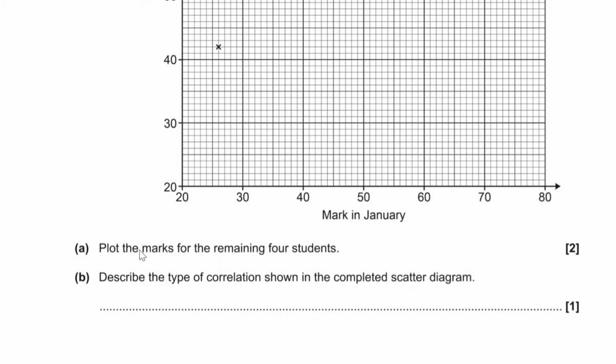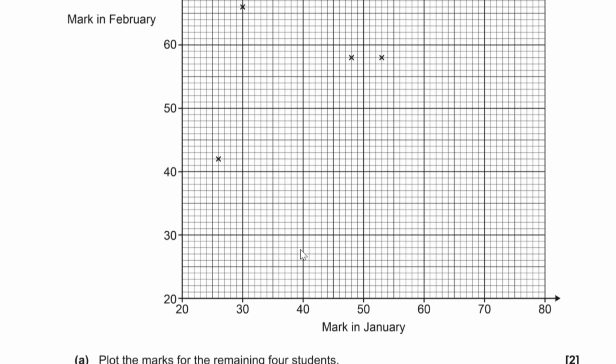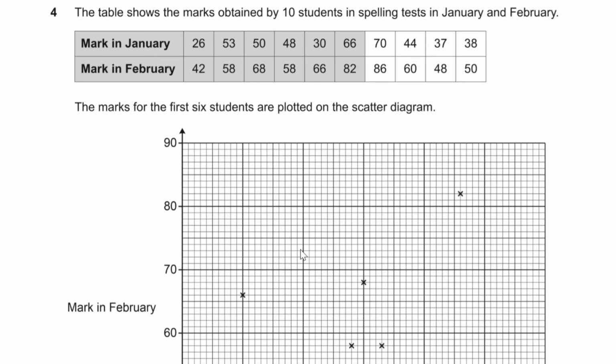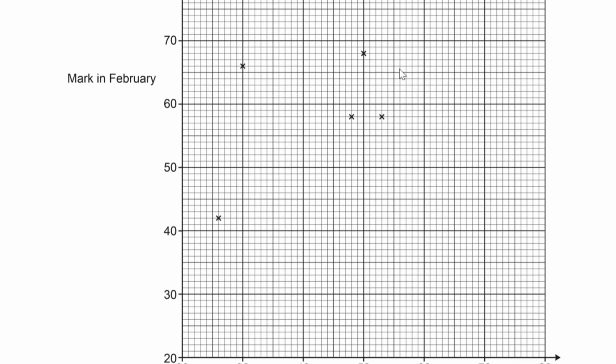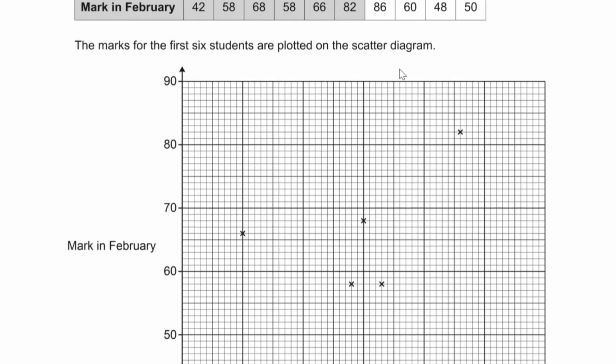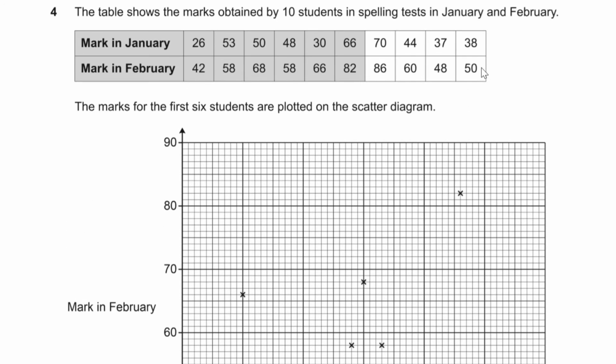For part A, we have to plot the marks for the remaining 4 students. So, for this student, we've got 70 in January, 86 in February. So 70 and then 86, that will be over here.